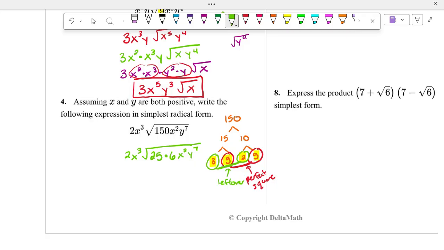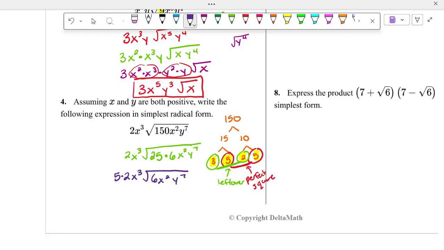If I take the square root of 25, what do I get? 5. If I bring it out to the outside, what will be the new coefficient on the outside? 10x cubed. This would be 5 times 2, x cubed, so that would be 10. I'll simplify that in a second. And then we have 6, x squared, y to the 7th, still under the radical.